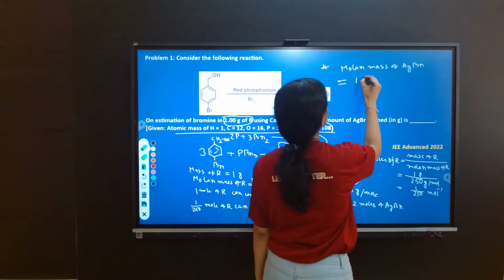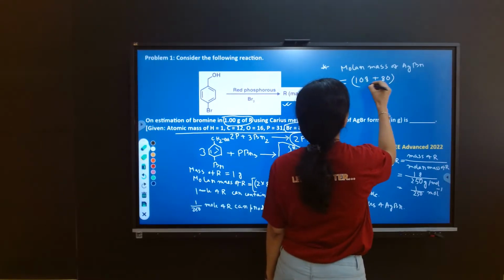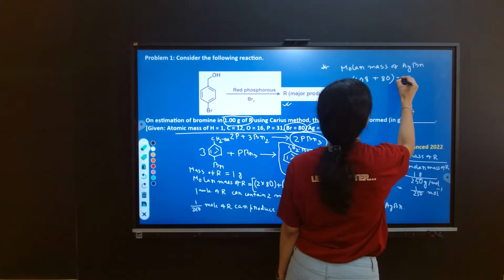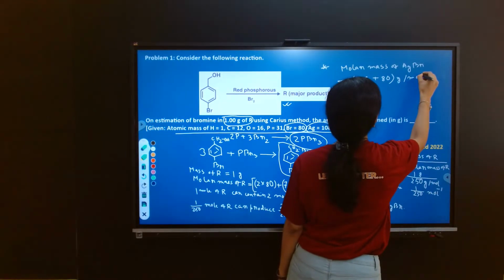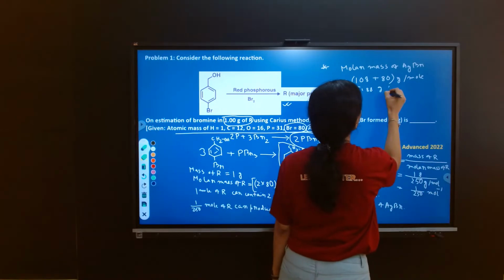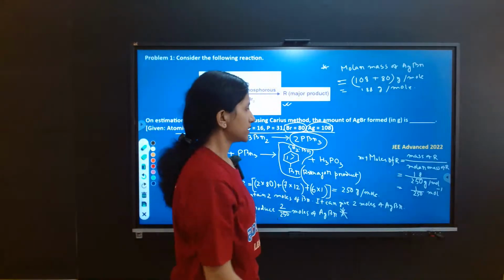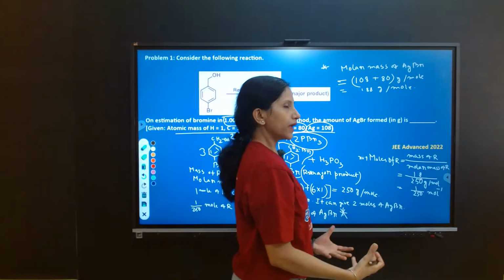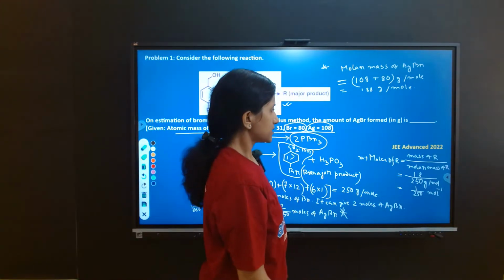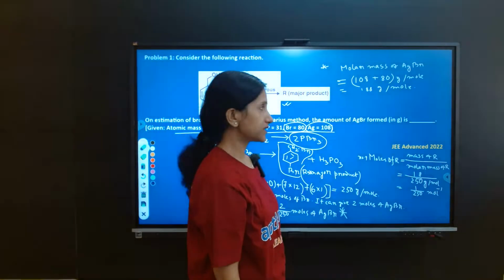So 108 plus 80 gives you 188 gram per mole. Now, if you apply this formula, the number of moles of any substance is equal to the mass of that substance divided by the molar mass of that substance.